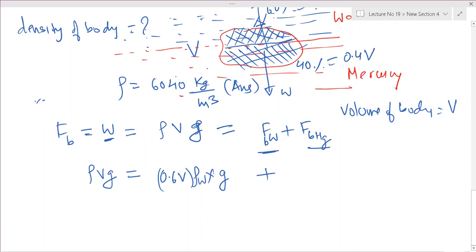Both the buoyancy forces, due to water and mercury, will be in an upward direction. That's why we have added them. And buoyancy force due to mercury, so 0.4 V, and rho Hg and G. Here I have written water, here I have written mercury.